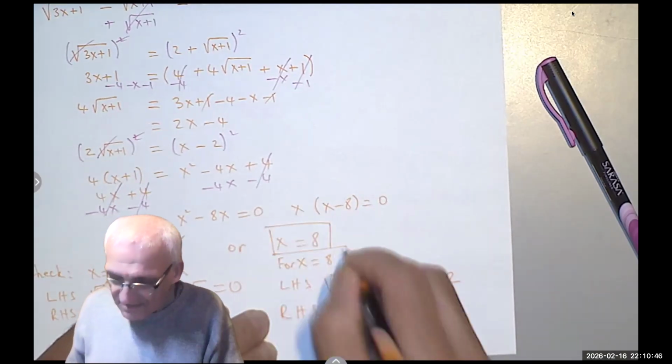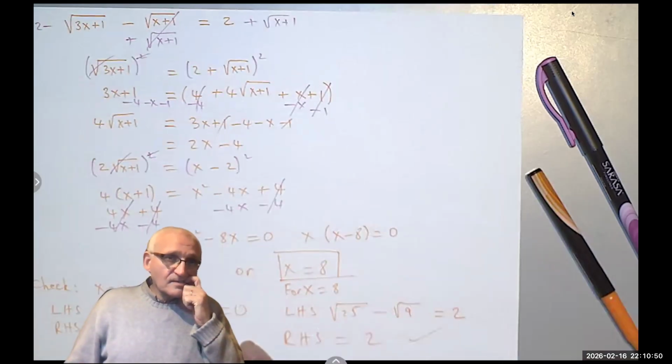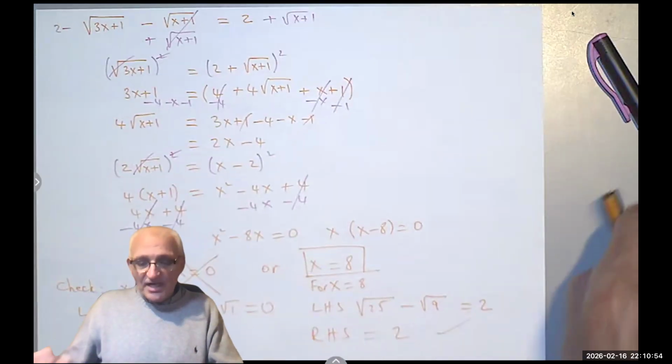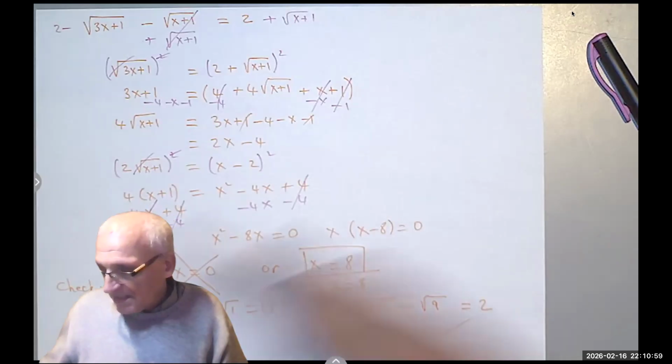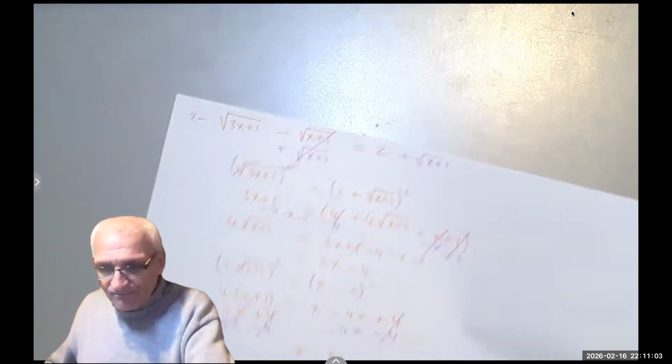My own answer is 8. Okay, in this case, we had to square twice because we had 2 roots in the problem. Let's move to the third and last one we have. Trying not to make it long for you.